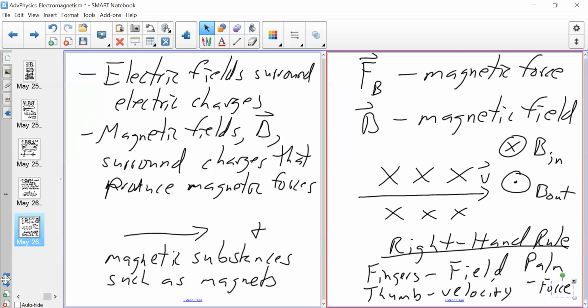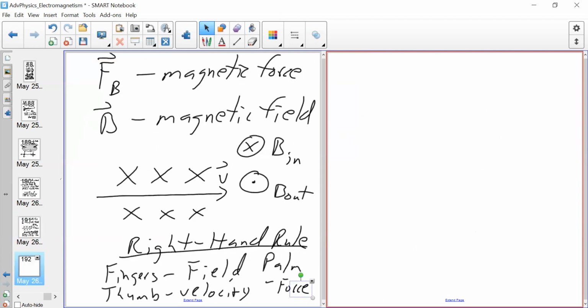So let's do an example. You can just put your hand on your own paper after you've drawn this. Your fingers will be pointing inside of the board or the paper. Your thumb should be pointing to the right because that represents the velocity. Your palm is going to be facing up if you do this correctly. So can you guys see that? Your palm is facing up, so the direction of the magnetic force will be up the plane of this page.